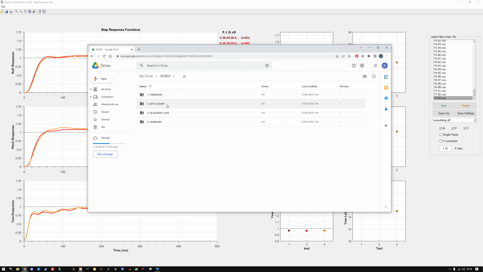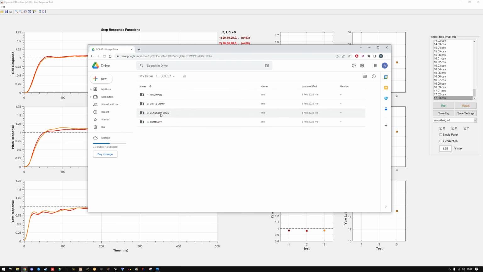The diffs and dumps that you can find here, I'll be posting two. So there are actually going to be two folders. One folder is going to be for the 250 rates, and the other one is going to be for the 670. So I suggest that you choose that one.